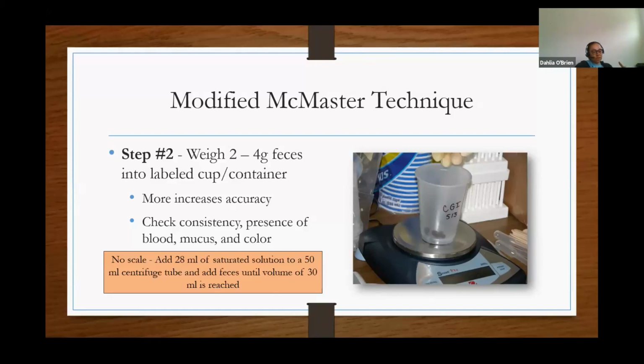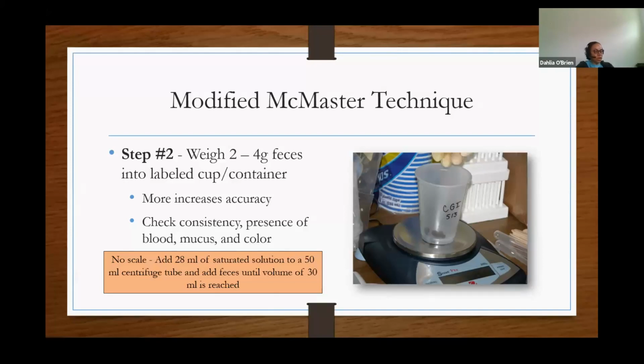So 1 ml is approximately 1 cc, so you could also use a 30 cc syringe to do this. You could pull up 30 cc's of solution, and then plunge that solution into a cup, and then you take off 2 cc's of solution, and that would be 28 if you want to figure out a way to get that 28 mils.